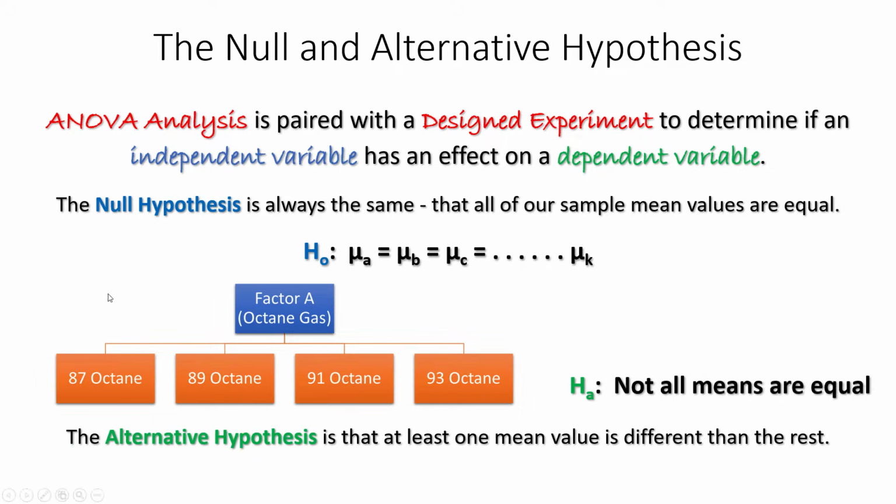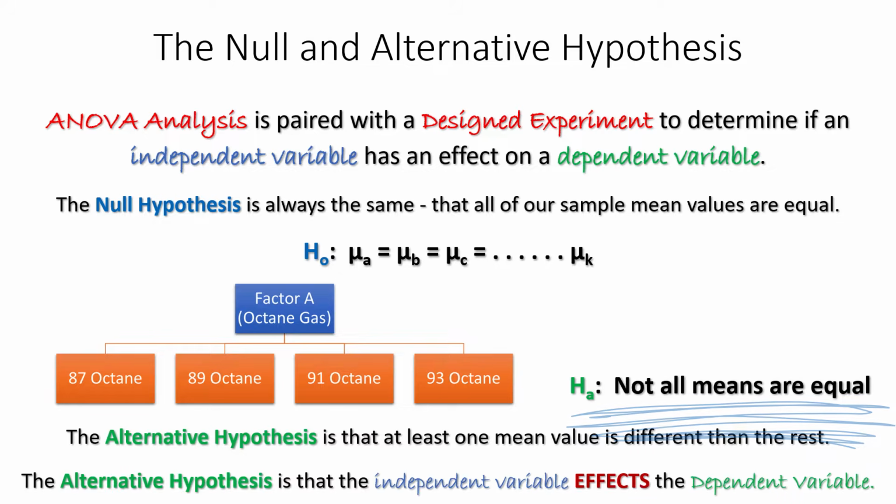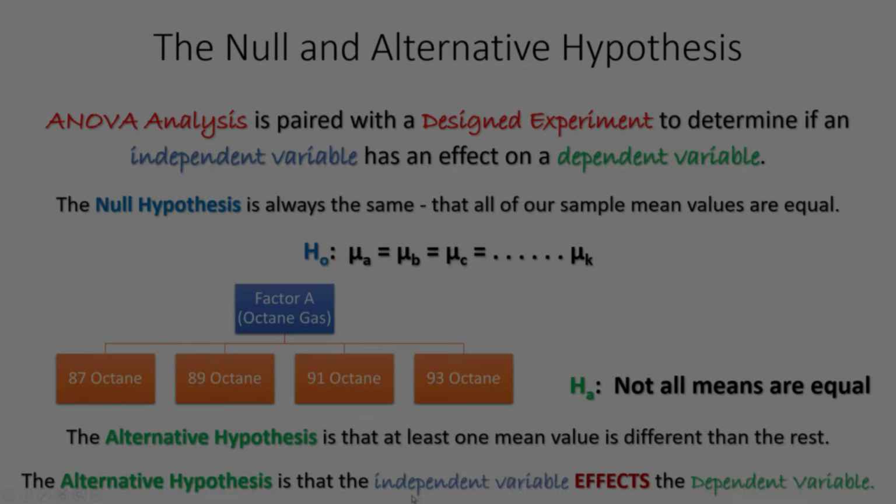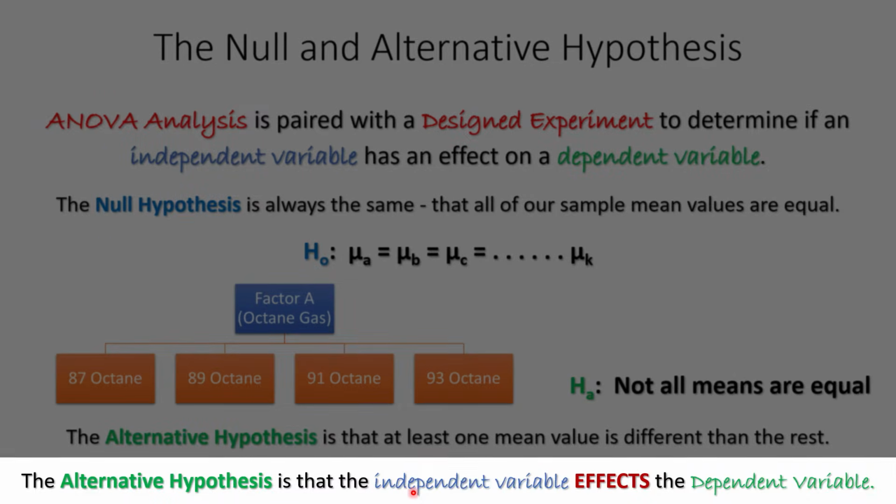The alternative hypothesis is that at least one mean value will be different than the rest. Now, that could mean maybe 1 level is different, or 2 levels are different, or maybe 3 levels are different. Essentially, not all mean values are equal. Now, the interpretation of the alternative hypothesis in terms of our DOE is that the independent variable has an effect on, or does affect, the dependent variable.